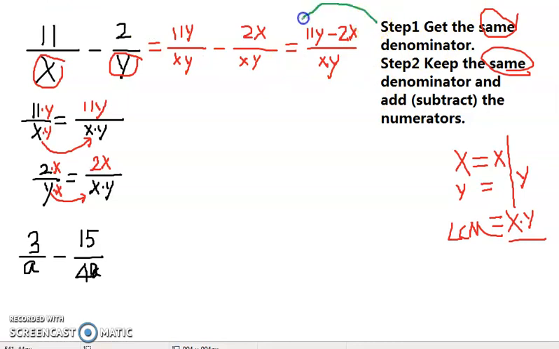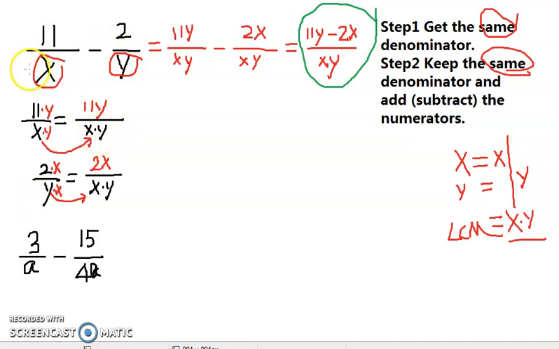As we can see, although we have added the variables in the problem, the steps are exactly the same. How to find the LCD is also exactly the same way we did, and then how to change those original fractions to the equivalent fraction is also the same.